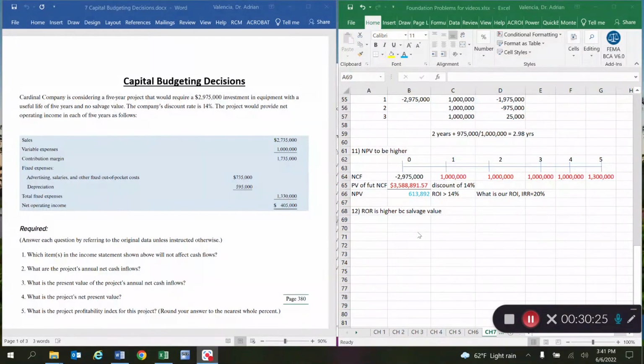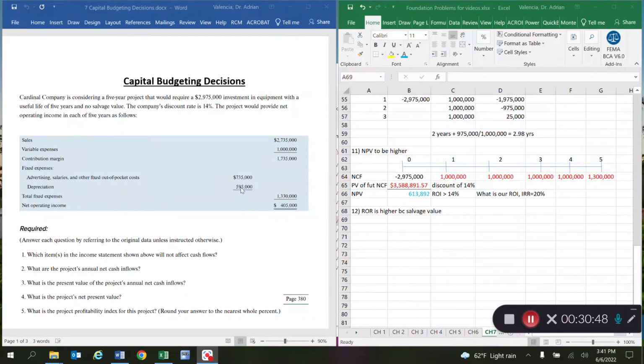And just so you can visualize it a little better, this 595, if you were to multiply this times 5, you would get the 2.975. In other words, we're depreciating 1/5 of that 2.975 every year because we had no salvage value.